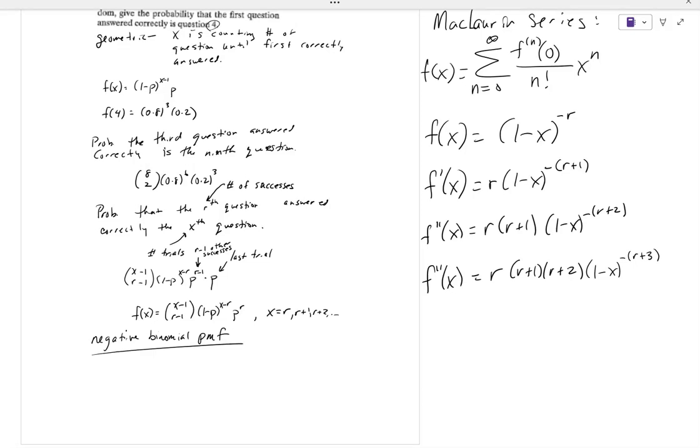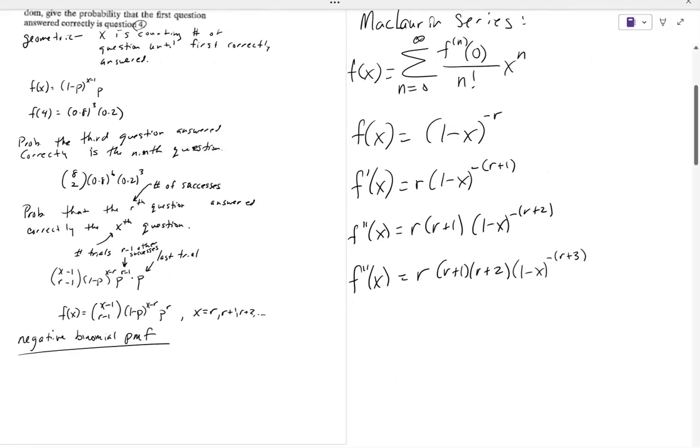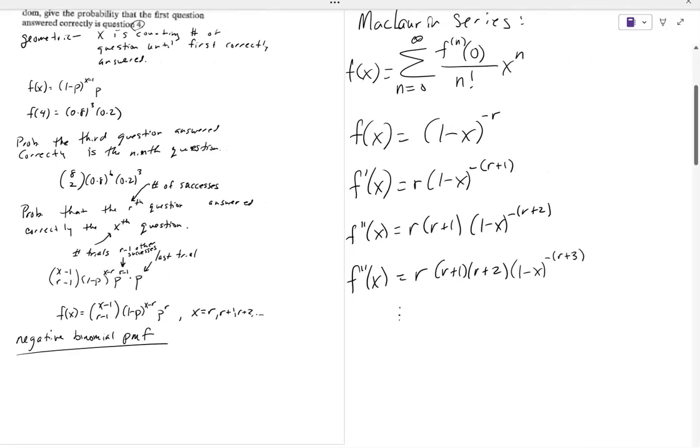Okay. All right, so we can probably see what the nth derivative is then. That was a third derivative, wasn't it? That I just did. So notice with your nth derivative, I forgot to put my of x here. Notice that the first derivative just had a single r there, right?